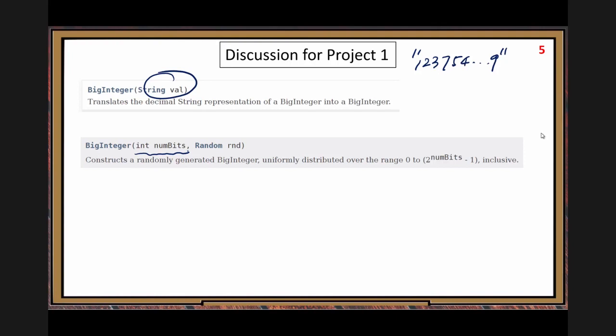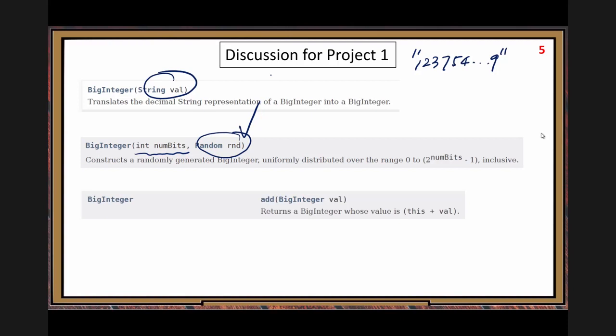And the second one, you can make a random BigInteger number, because you just pass a random object there. For our project, we want to generate random data. Our polynomial coefficients should be random, and our x value also should be random. So we need to use this random way to generate our data.